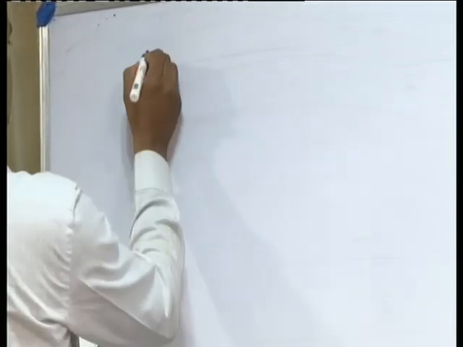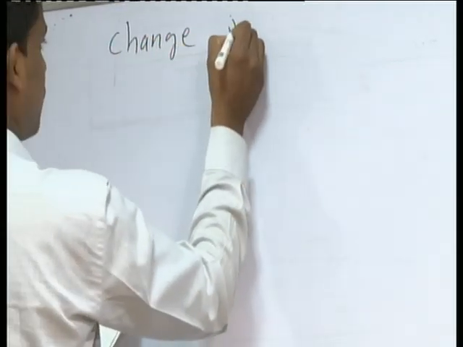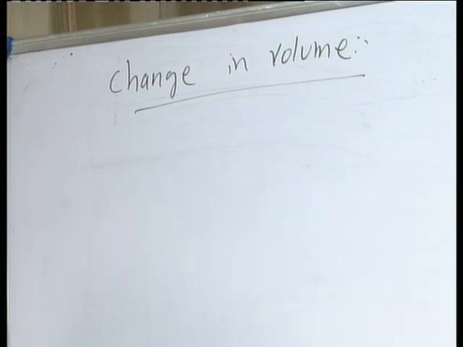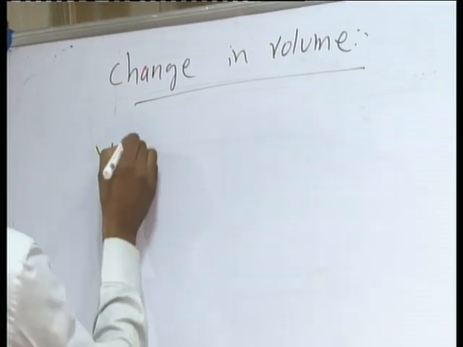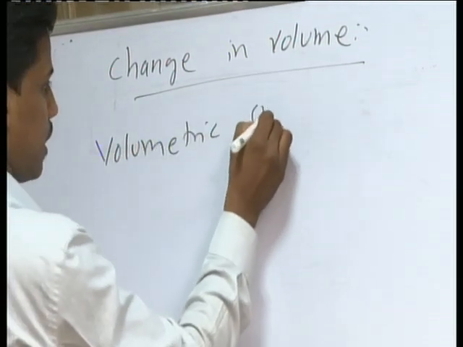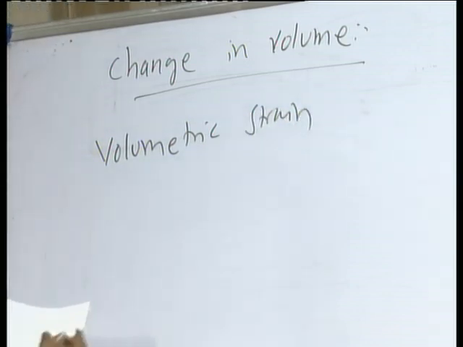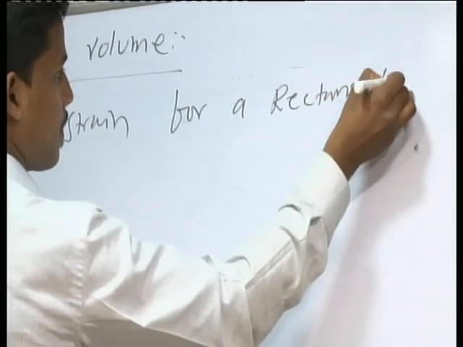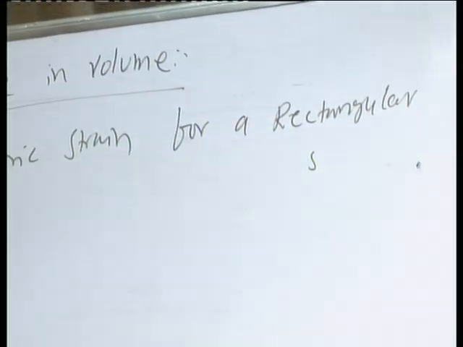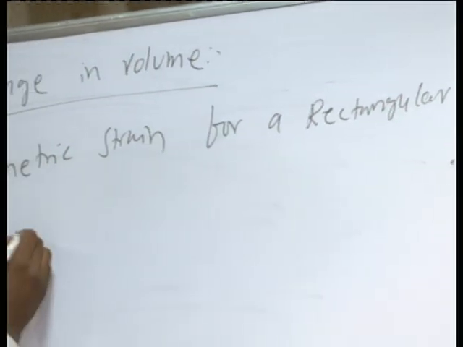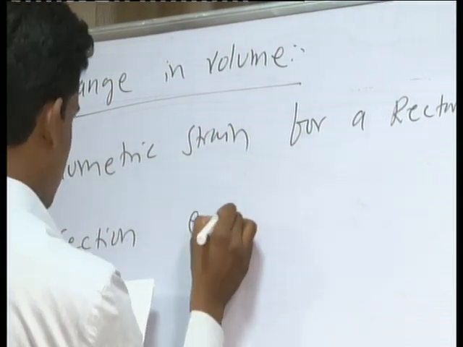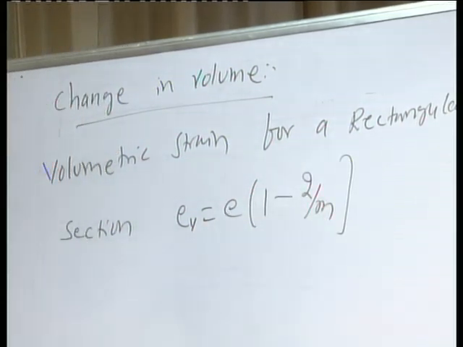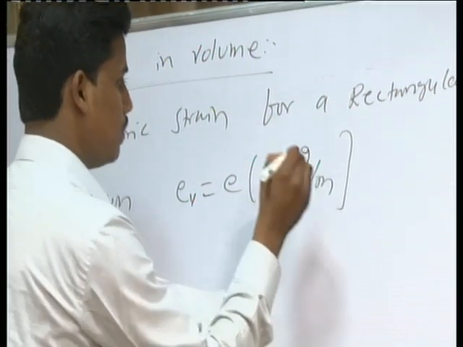I have already given the formula for the volumetric strain for a rectangular section: EV is equal to E into 1 minus 2 divided by m. This is the volumetric strain for a rectangular section.